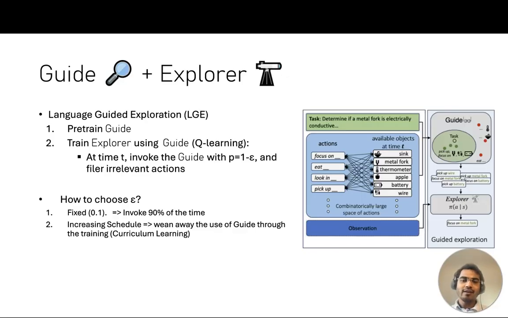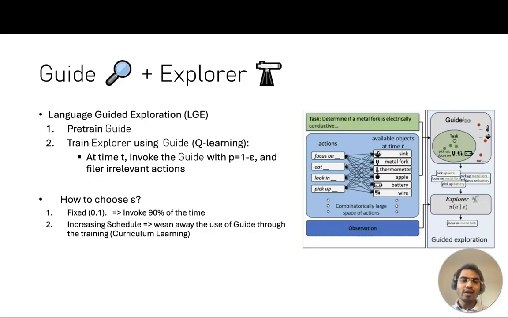Thus, the guide can help training of the explorer by making it choose from only relevant actions, and thus identifying states where it is able to get more rewards and thus learn good policies.